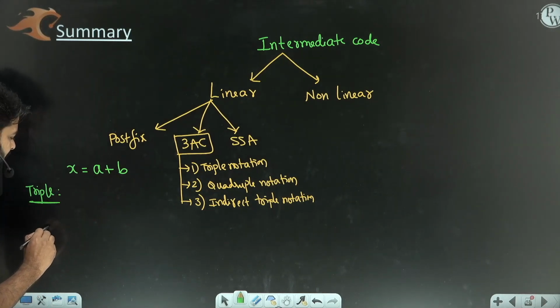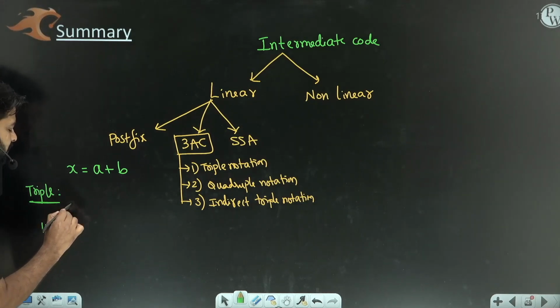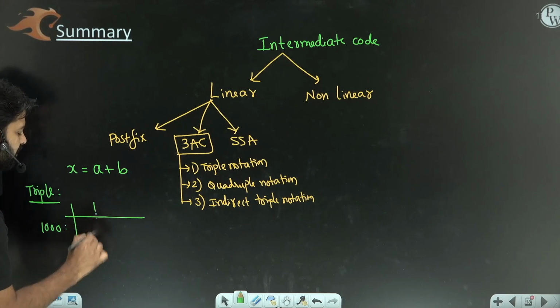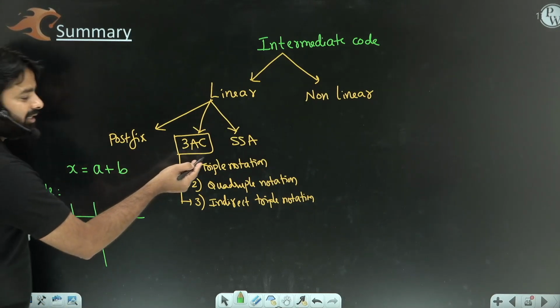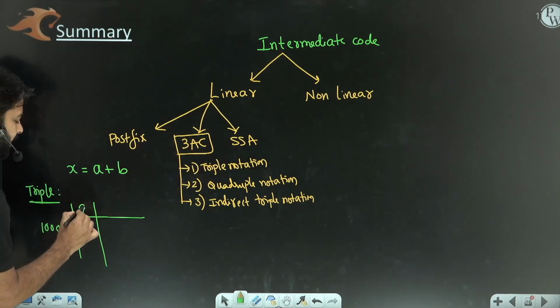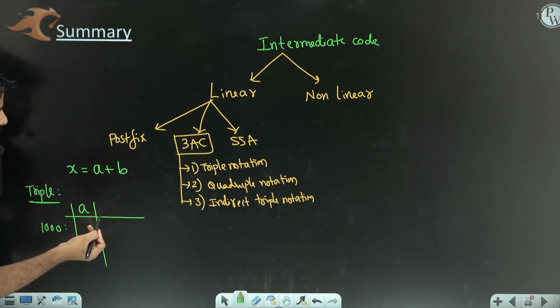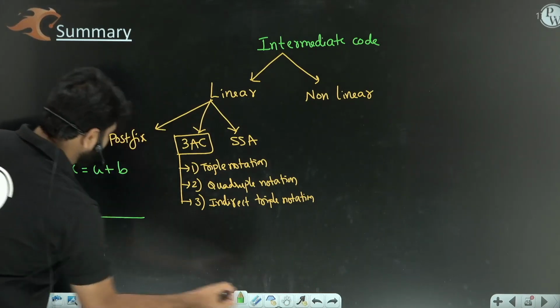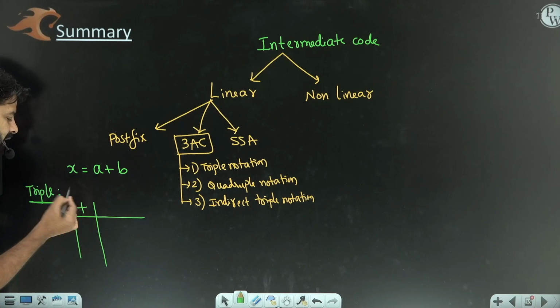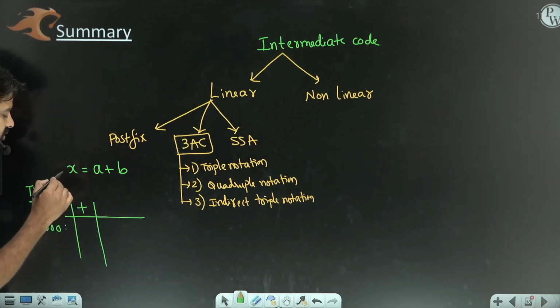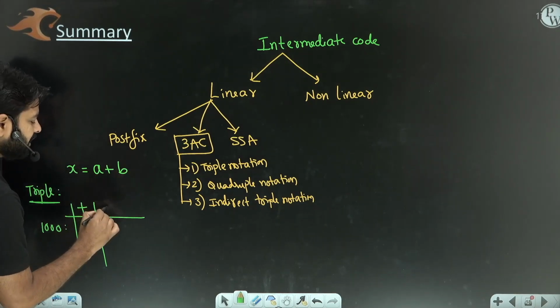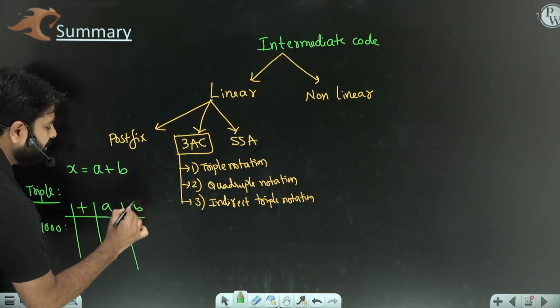You will be having address, let's say 1000. At 1000 you will be having 3 columns only, like a, b for operands, or I can say first you may use, order doesn't matter, plus operator you may use first, or operands. So plus I used first, that a, b, that order is very important, a and b.